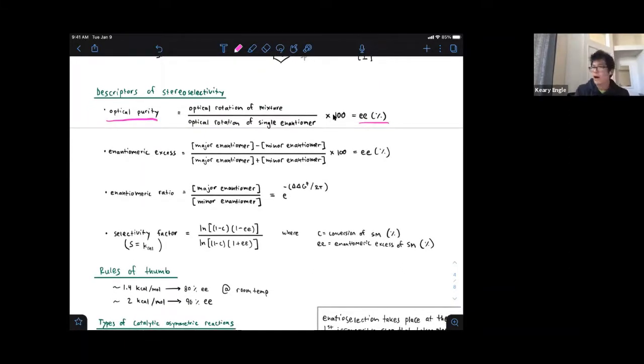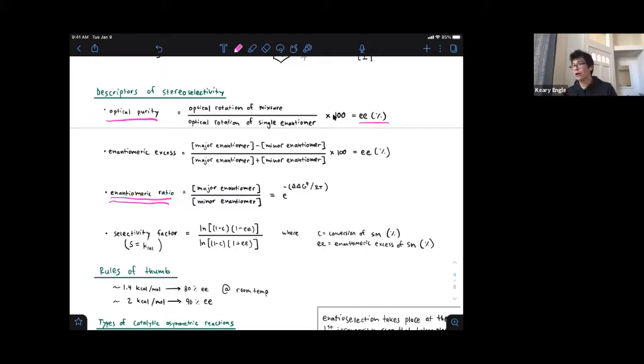And there's been a movement within the field, with many people advocating that instead what papers should report is ER. And the reason that this is attractive is because then if you take the log of the ER, you have a direct correlation to the delta delta G double dagger of the reaction.